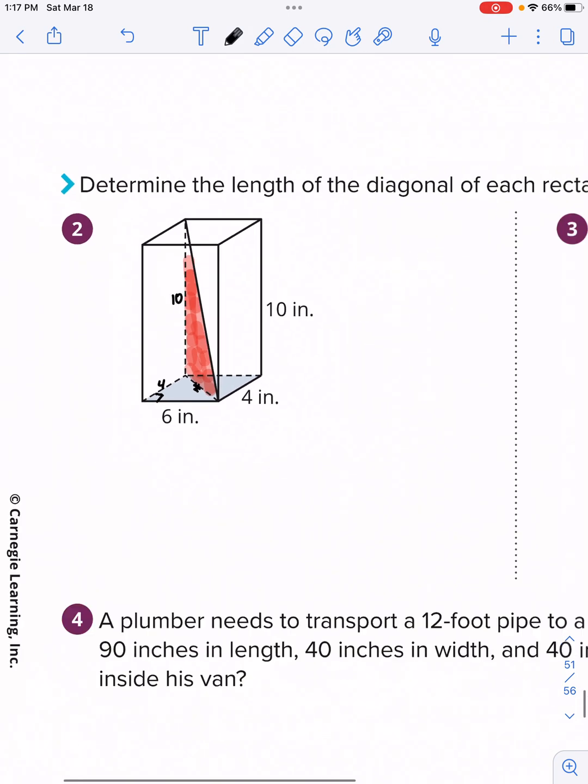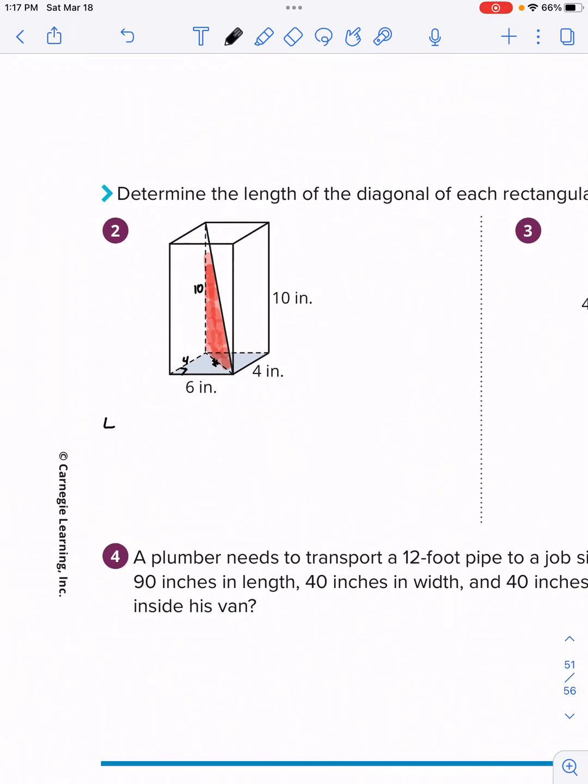But what we're going to do is 4 squared plus 6 squared equal to c squared. This is 16. This is 36. Equal to c squared. If you add this, 16 plus 36 is 52. And then we're now just finding the square root of 52.